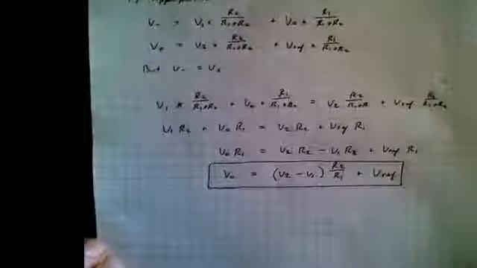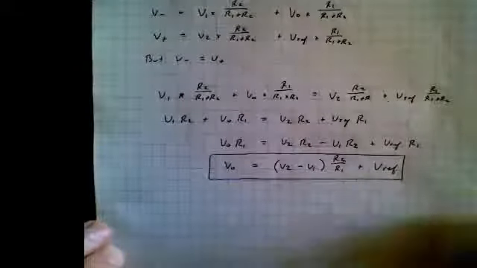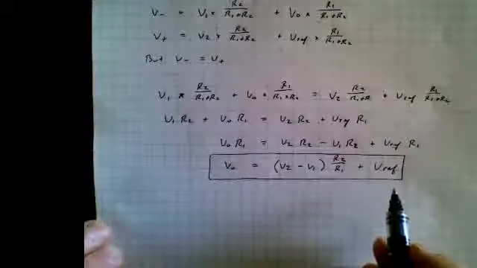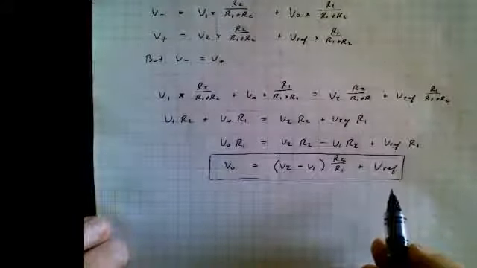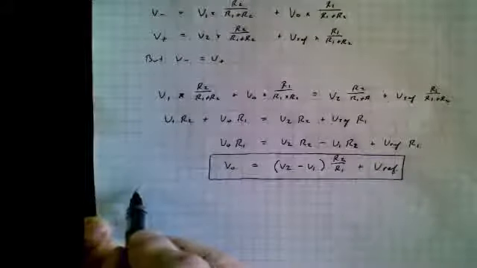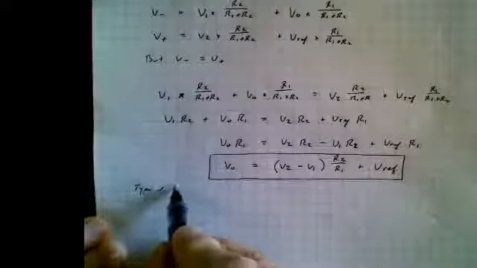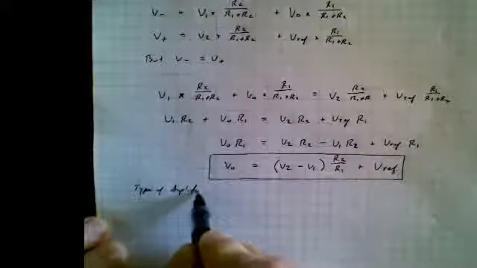Now, notice what we can get out of this. We can get several different kinds of amplifiers. We can get out of this a difference amplifier. So let's just make a note. Types of amplifiers.